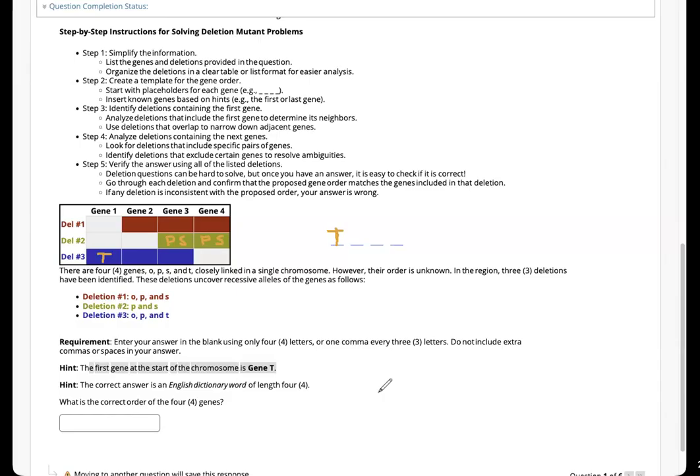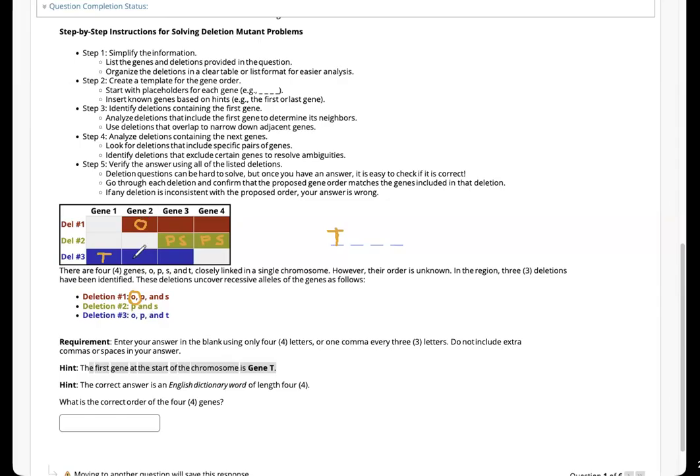If we want to determine gene 2, we need to define a deletion mutant that contains everything except gene 2 and one that does contain gene 2. Deletion 1 and deletion 2 are perfect examples: O, P, and S, versus P and S. What's the difference between these two? O. So that means that O better go here.